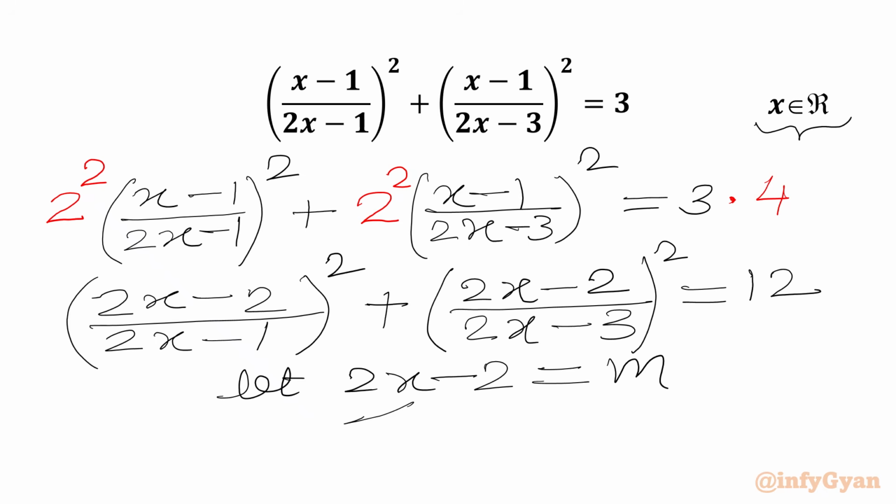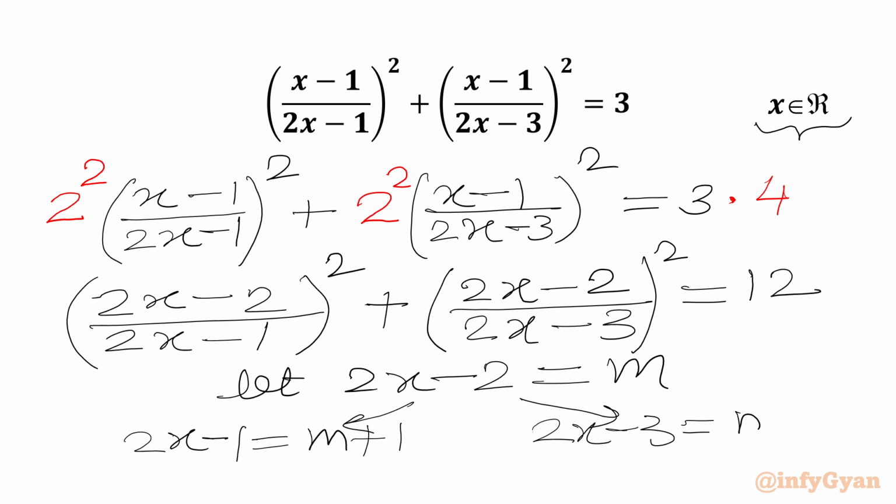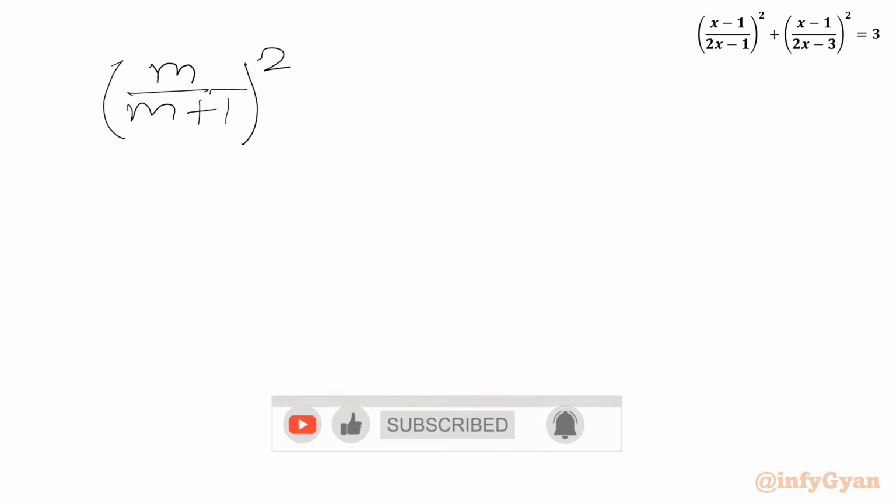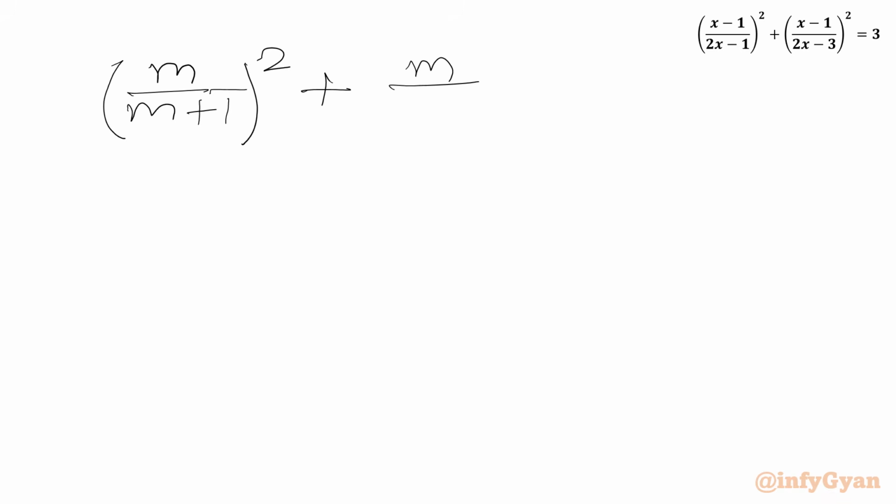So I can write from here 2x minus 1 value will be equal to m plus 1 and 2x minus 3 value will be equal to m minus 1. Let us put, we will get our equation m over m plus 1 whole square plus m over m minus 1 whole square equal to 12.